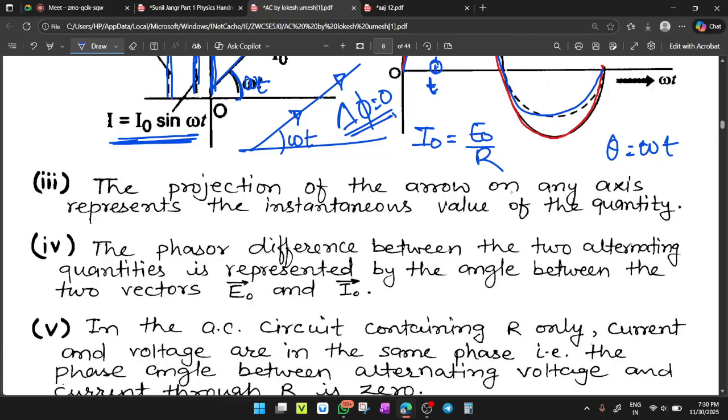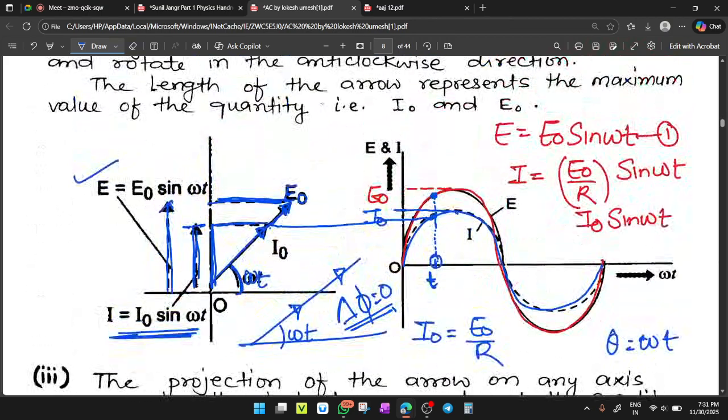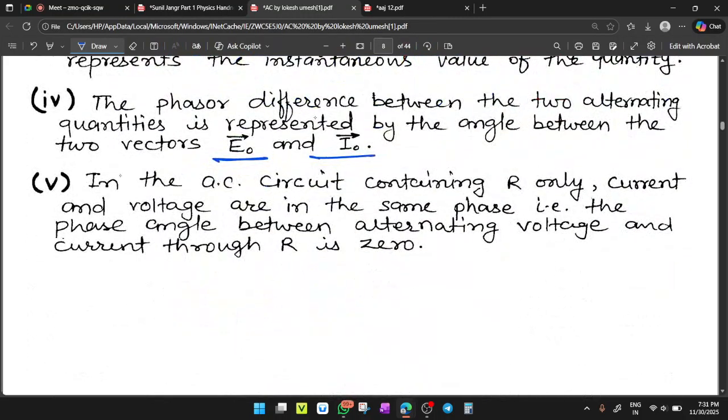The projection of the arrow on any axis represents the instantaneous value of the quantity. The phase difference between two alternating quantities is represented by the angle between the two phasors E naught and I naught. Here we have the two phasors E naught and I naught, and as they are in the same direction, the phase angle will be equal to 0.